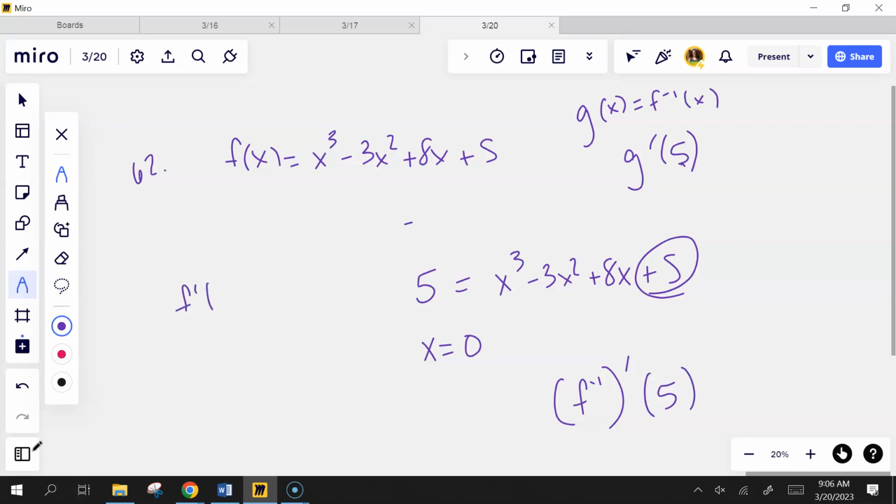So the derivative here, of course, is 3x squared minus 6x plus 8. So now if I put that 0 in, I get 8, and now flip it. Is the answer 1/8? Is that what they got?